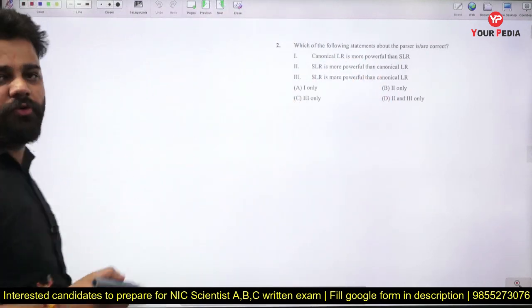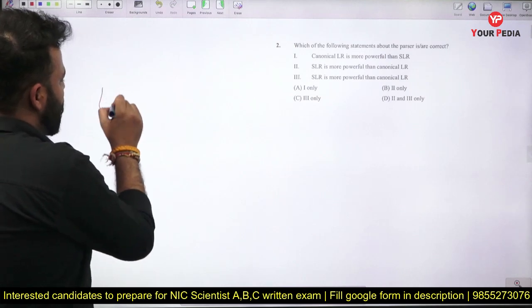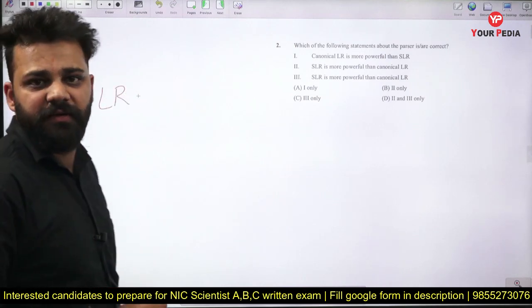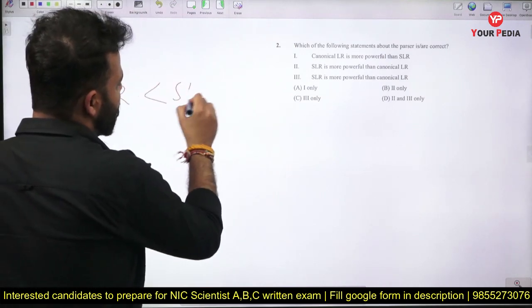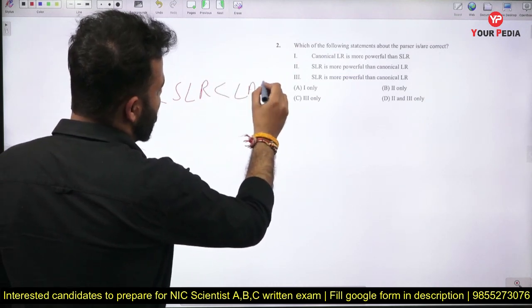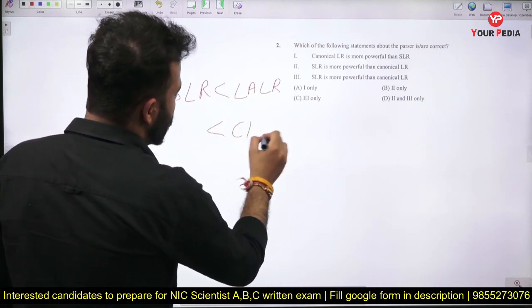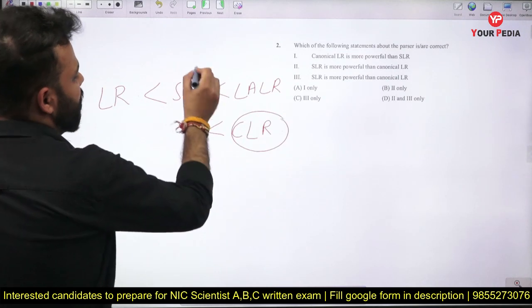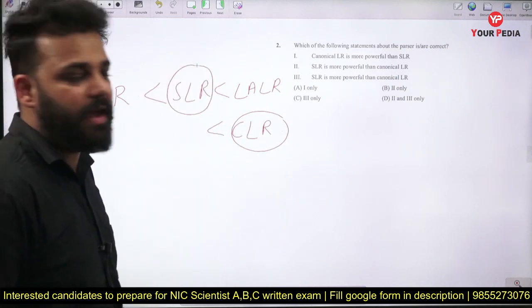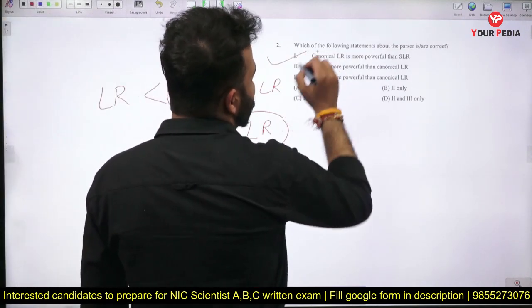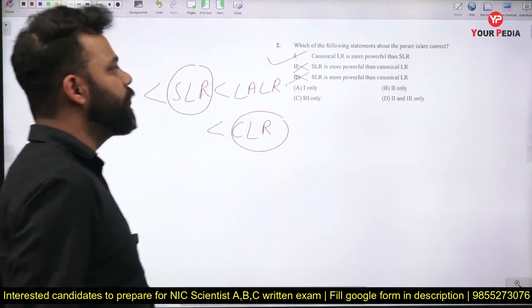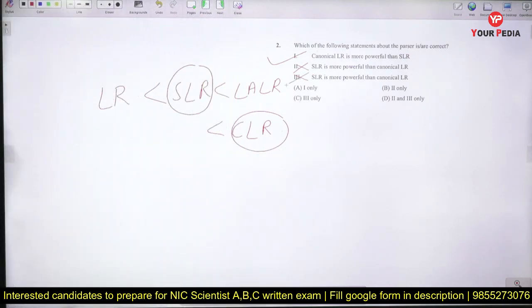So what we need to know for this is the lowest power parser is LR(0) parser. After that SLR will have greater, after that LALR, and after that CLR. Now CLR will have greater power than SLR. So canonical is more powerful than SLR. These two are not true, so only one is the correct answer.